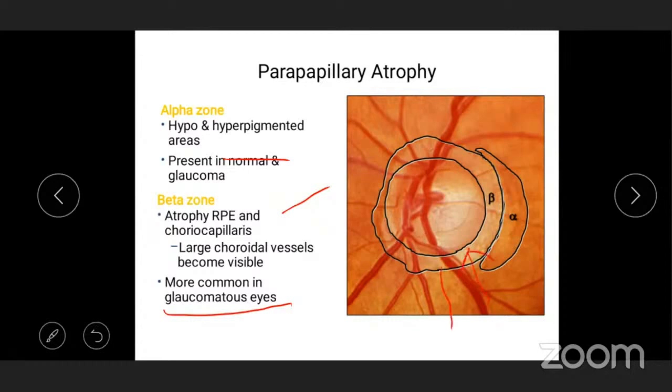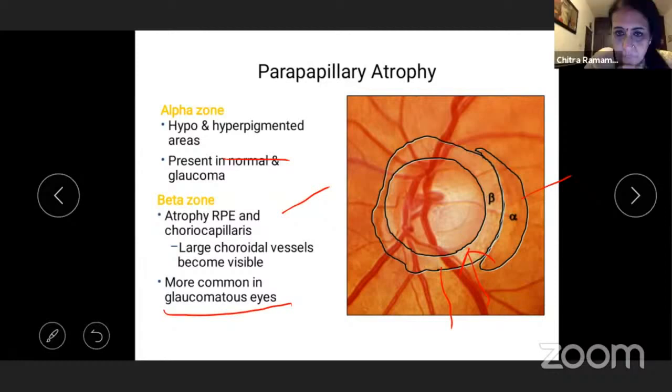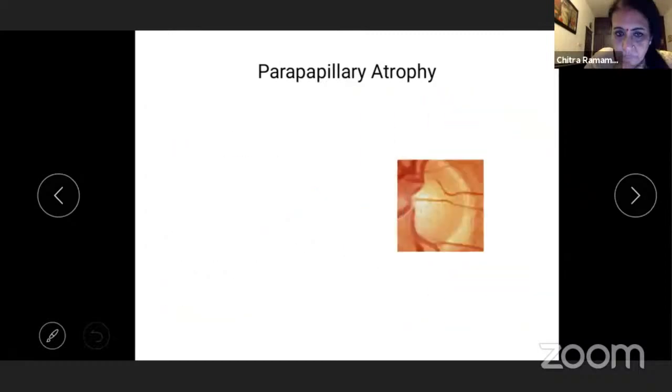As you can see, it is closer to the disc margin. The alpha one is away from the disc margin. So the third B is besides the disc. So the 3 B's are beta, beware, and besides. Remember this, the deeper atrophy such that the choriocapillaris become easy.